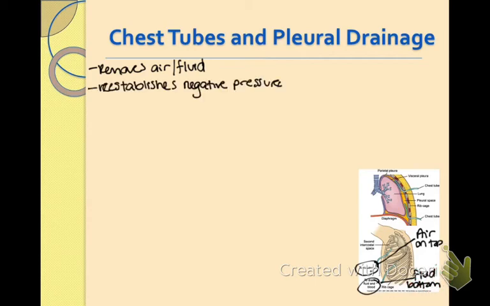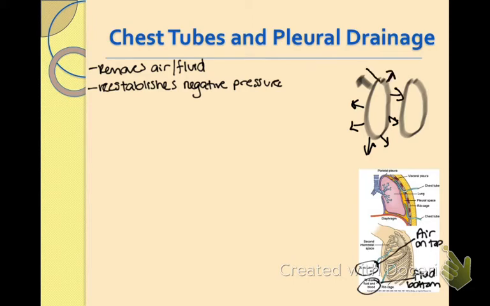They basically reestablish that negative pressure. Again, you have these lungs, right? And they're kept open because you have this negative pressure pulling them open. Everything's kind of pulling it out.